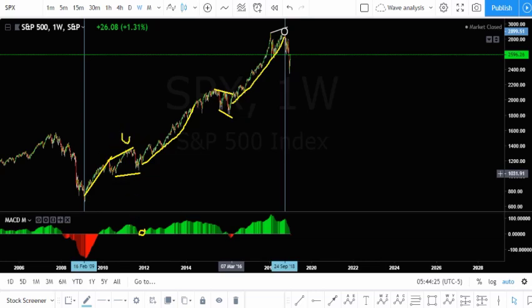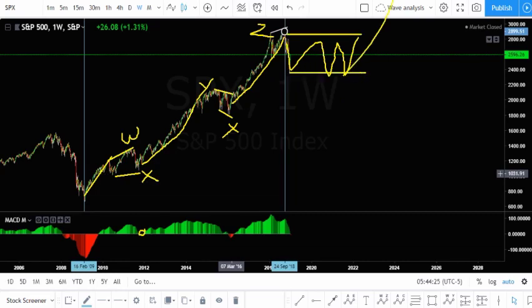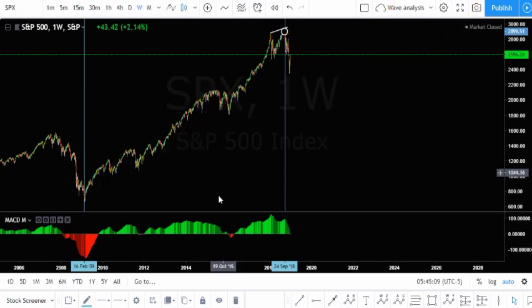So this becomes what we had, basically no divergence, WXYXZ. And now we are forming a much bigger correction, not a weekly correction but a monthly degree correction, and eventually we will go up, and we might get a similar situation like this to the upside.